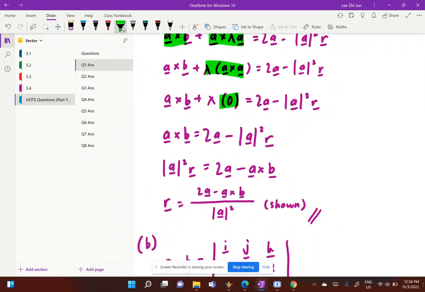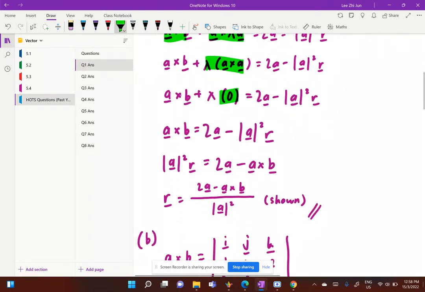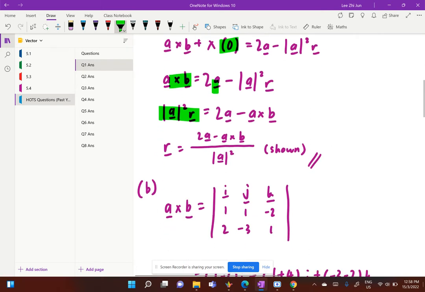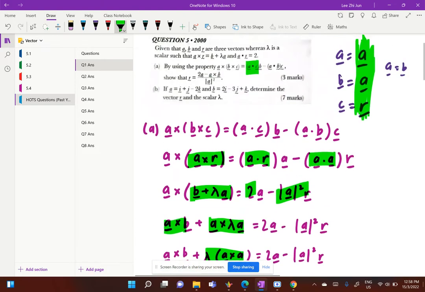Just continue. I take out the R because I want to find R, so it will be 2A minus A cross B. I take away the A squared, so R becomes the formula shown here.